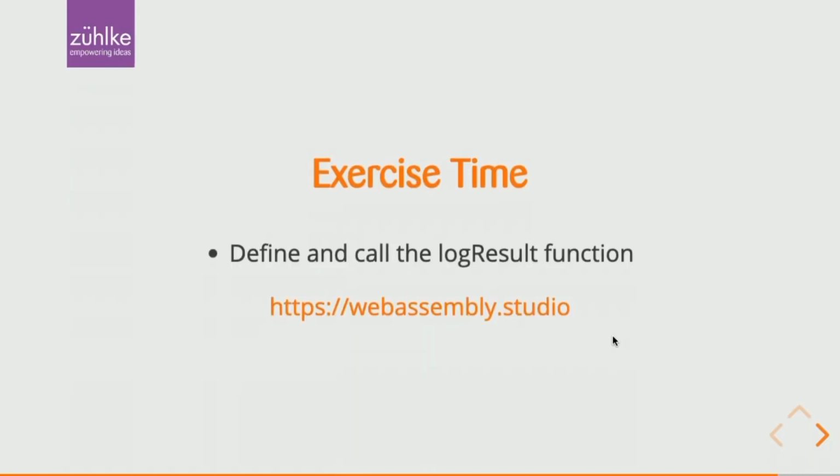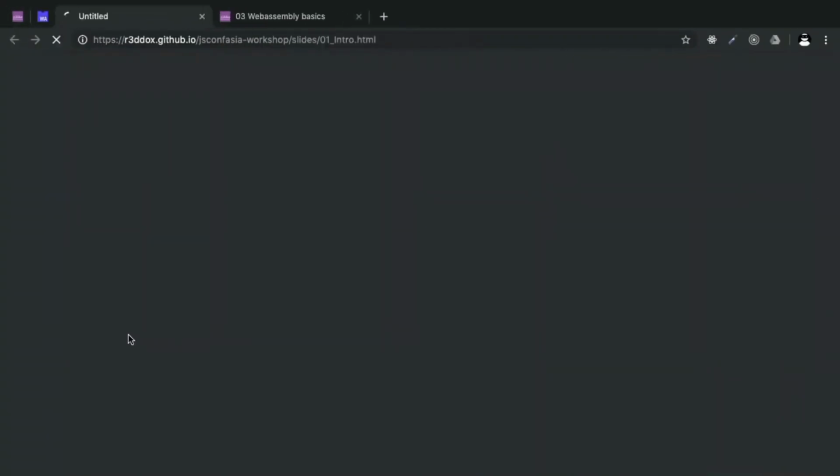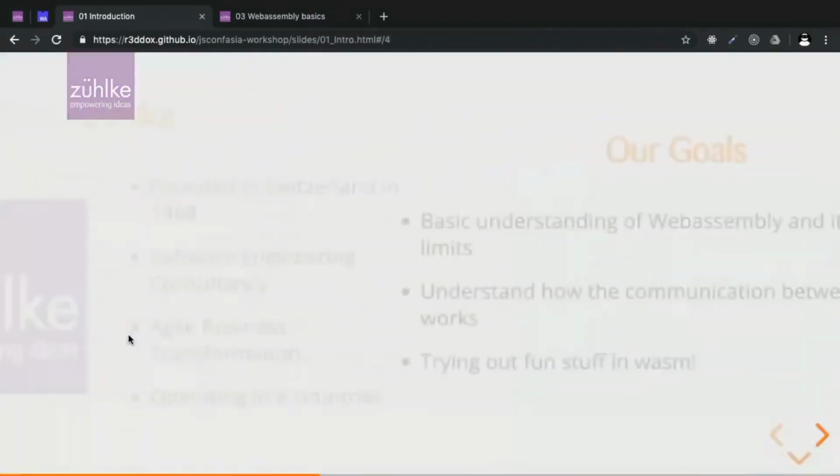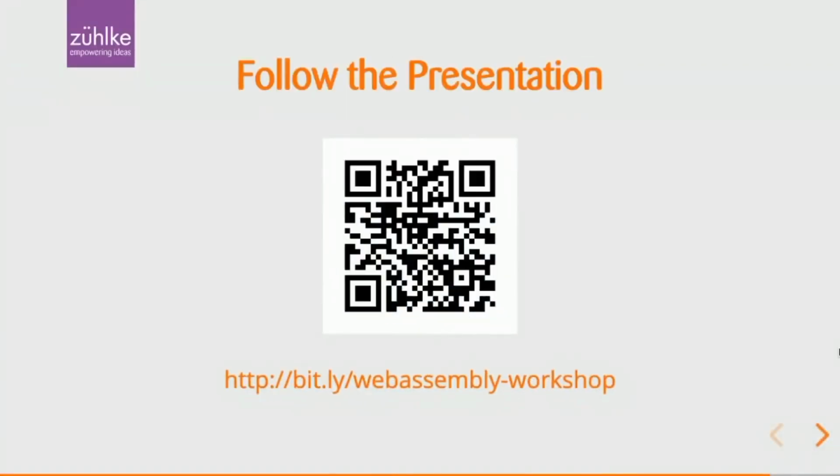Cool. I have to quickly check something. There should be a QR code somewhere around here. I think I skipped it. I'm very sorry. So this presentation is actually on the web, and all the exercises have these code snippets in there. So please follow my presentation.